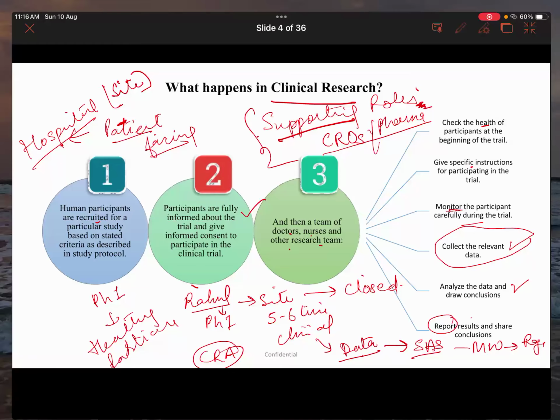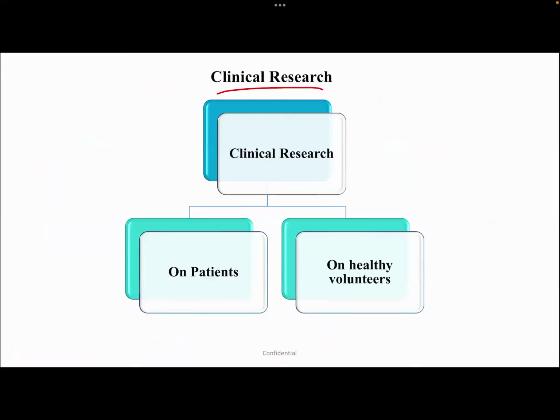Here we are. So now clinical research is done either on patients or healthy people. Healthy mostly in phase one, but phase one also has exceptions. Suppose the trial is an HIV trial or oncology trial, then you will be recruiting actual patients.